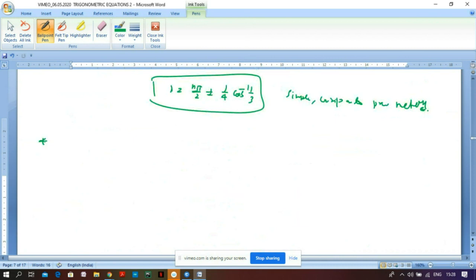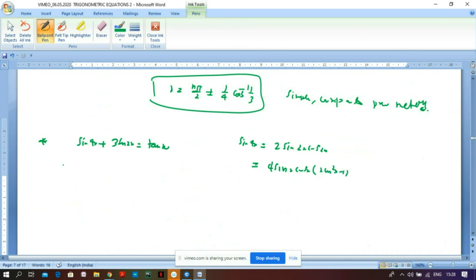Let's take one more example which tells the same thing, that we have sin 4x plus 3 sin 2x equal to tan x. Now again, sin 4x is 2 sin 2x cos 2x, so I can write 4 sin x cos x and 2 cos square x minus 1.